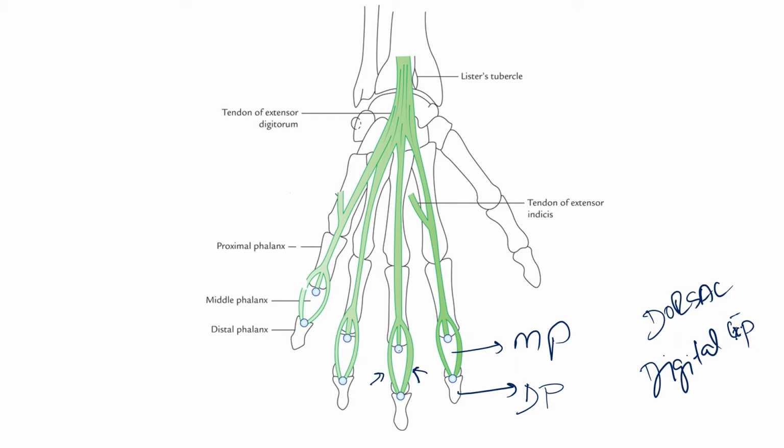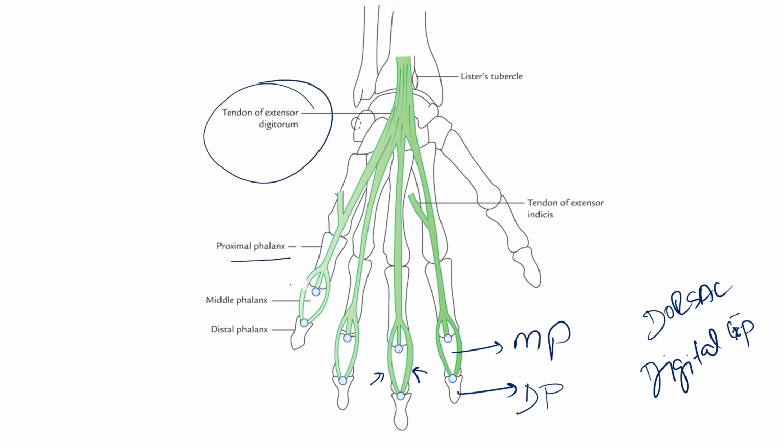I repeat, the origin of this extensor digitorum is from the common extensor origin. It descends down, divides into four tendons. Each tendon reaches the medial four fingers. Now, what is the fate of these tendons? Each tendon, once it reaches the proximal phalanx, forms the dorsal digital expansion, which is a triangular band having a median slip and two lateral slips.